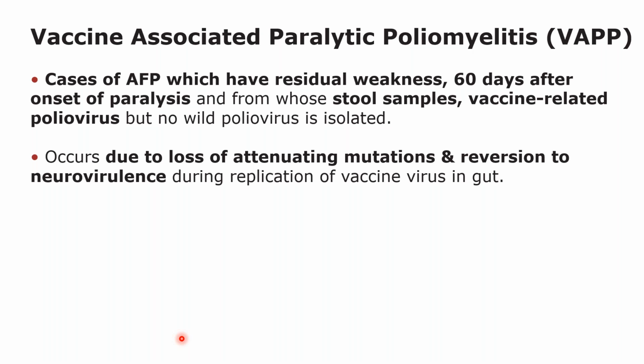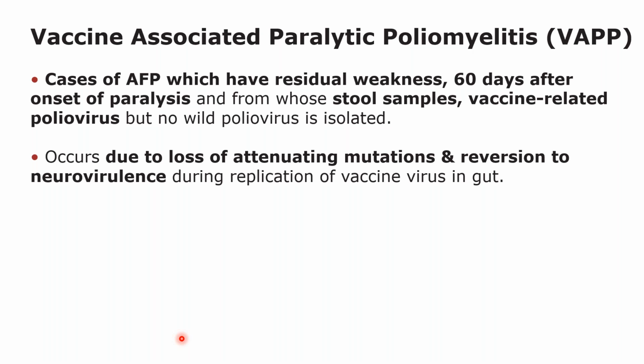So the case definition of VAPP is basically those cases of AFP which have residual weakness 60 days after the onset of paralysis, and from whose stool samples vaccine-related poliovirus but no wild poliovirus is isolated.